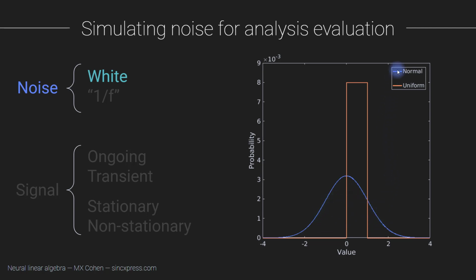And of course, you can shift the distribution by adding some offset so that I can move it around on the x-axis. And you can stretch this distribution by multiplying it by some number. So you can change both the mean and the variance of this blue normal distribution. And then we have a uniform distribution of noise, where all the values between 0 and 1 are equally likely to be selected, and there's no possibility of getting numbers less than 0 or greater than 1.